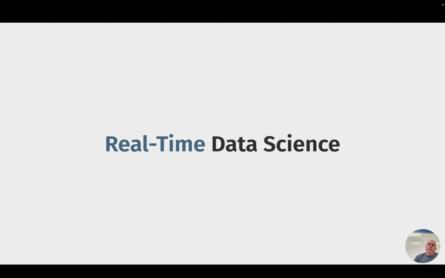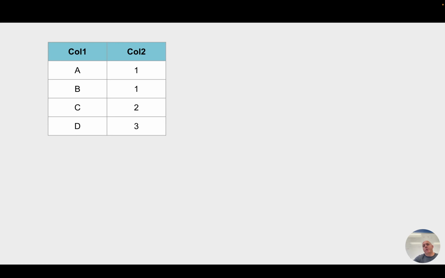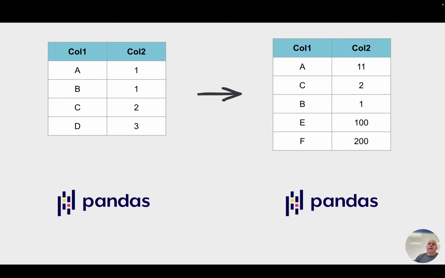So if we go just from real-time data to real-time data science, what does that mean? We have a table. We may want to perform some sort of computation on it, and then as we get more data coming in, we can perform another calculation on it.